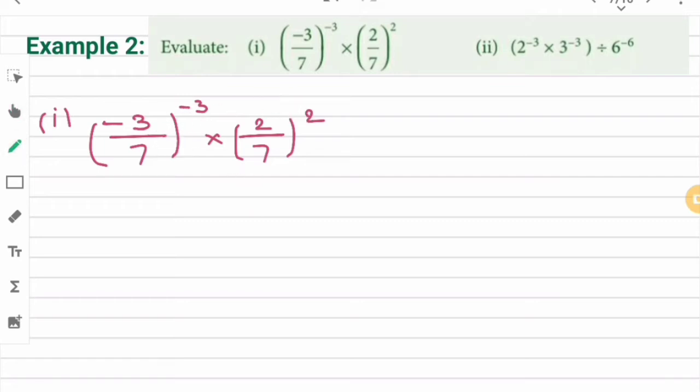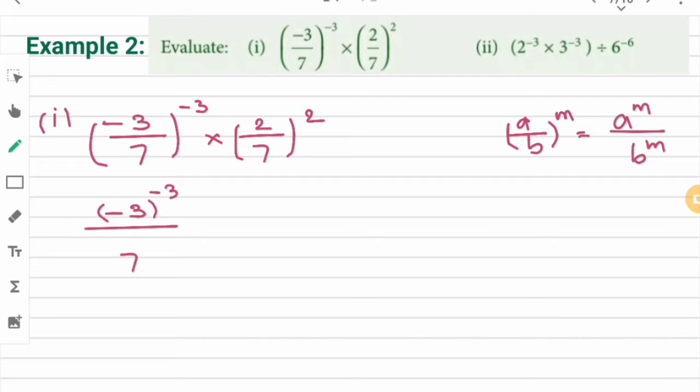That is a by b to the power m can be written as a power m by b power m. So same way, minus 3 to the power minus 3 whole divided by 7 to the power minus 3 into 2 to the power 2 by 7 to the power 2.